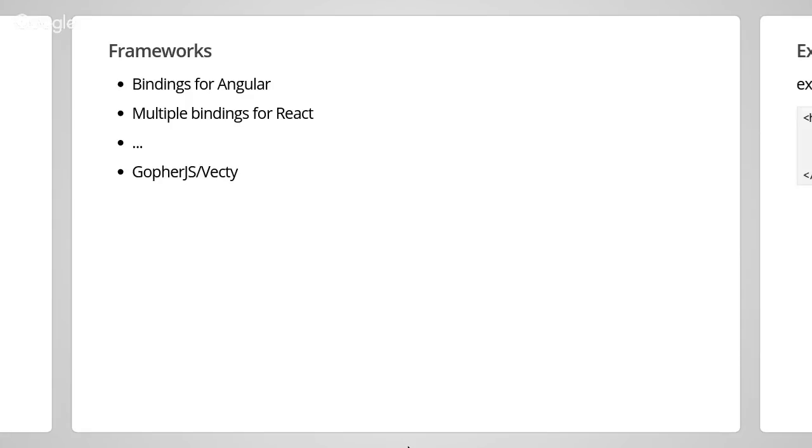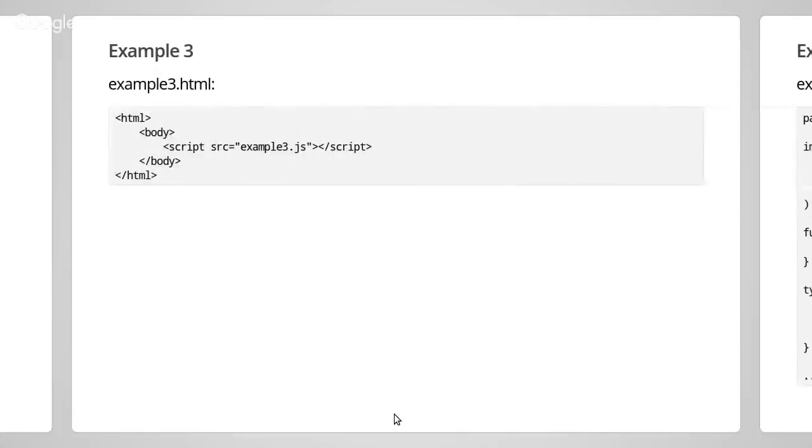There are even bindings for Electron, if you want to. And Go4JS itself also has a really small React-like framework called Vecti. And I will give you a small example of how to use this as well.